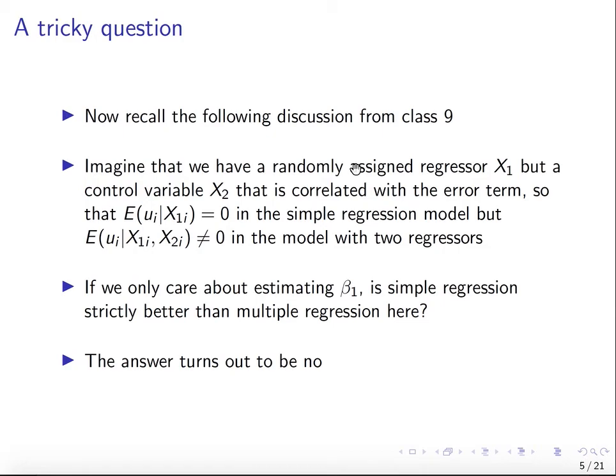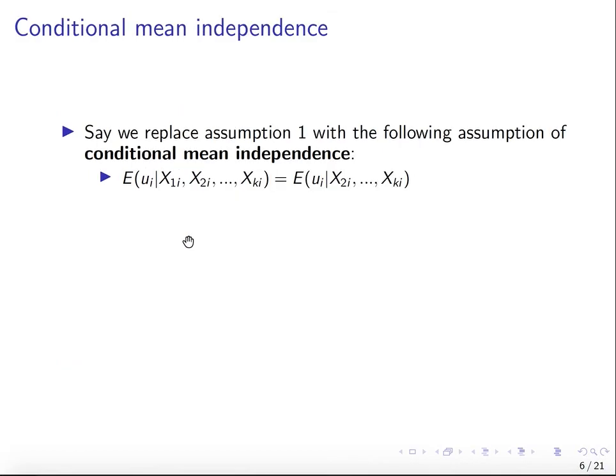If what you really care about is that indeed you get the true unbiased beta 1, so that you can make inferences with respect to beta 1 hat, then you don't have to expect this to be true, and you can replace this assumption by a weaker one. And we're going to call this assumption the conditional mean independence. So here's the idea.